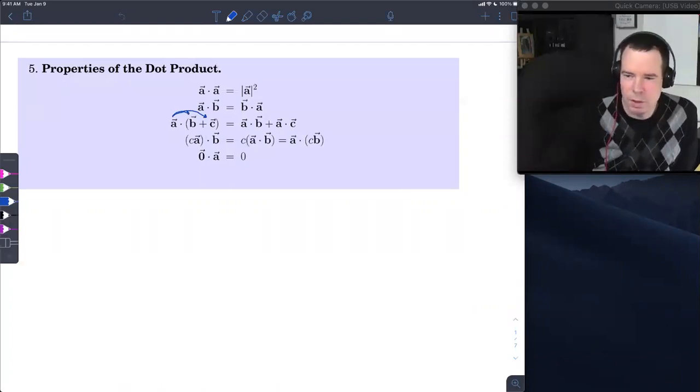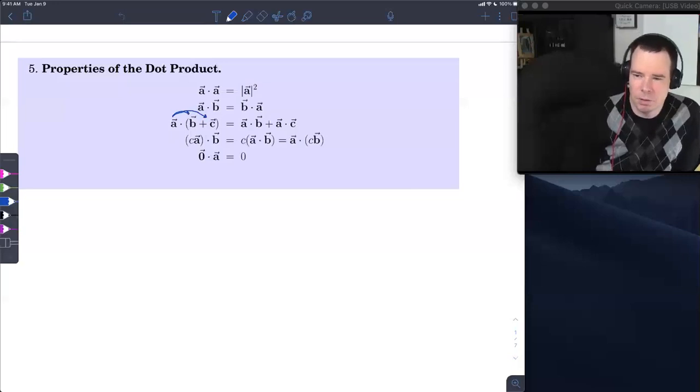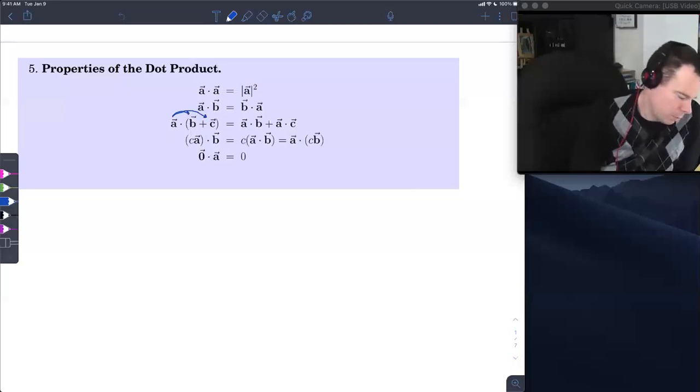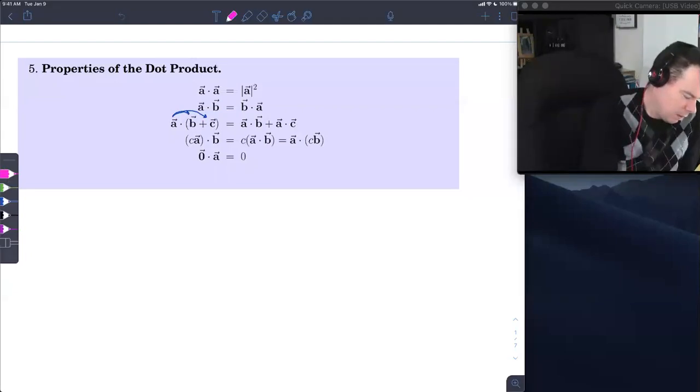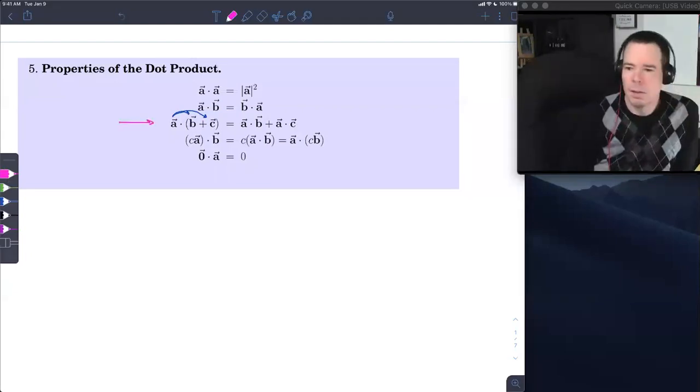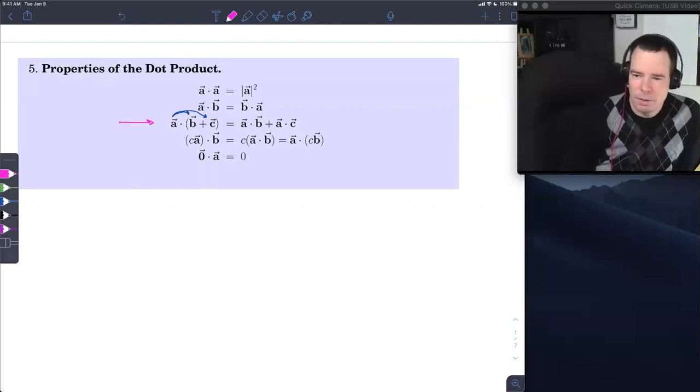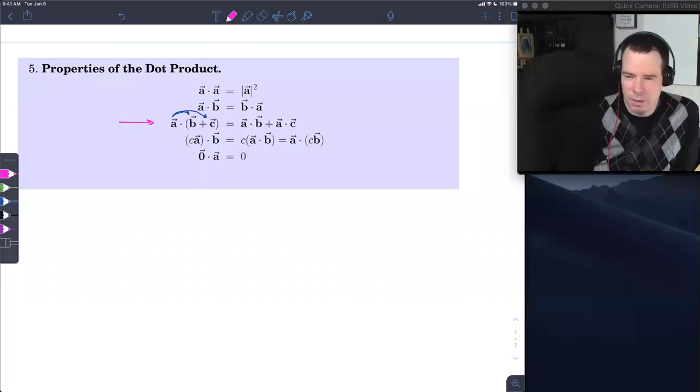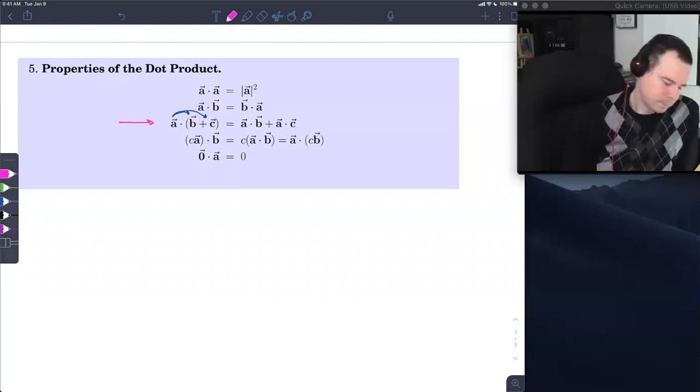Those properties are what we're going to be using whenever we need to do some algebra involving vectors and the dot product. For example, one that we'll make extensive use of is the distributive property of the dot product over the sum, indicated there with the distribution arrows. It says if you've got the sum of two vectors and you want to take the dot product with a third vector, you can compute the individual dot products and add their results.